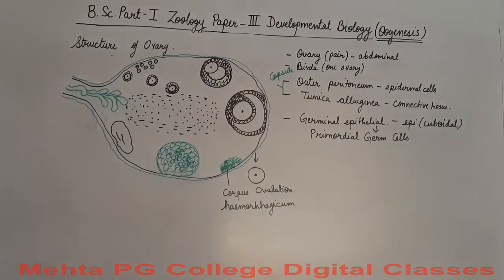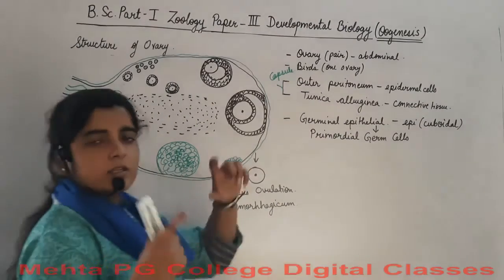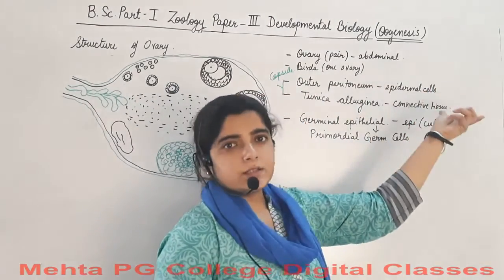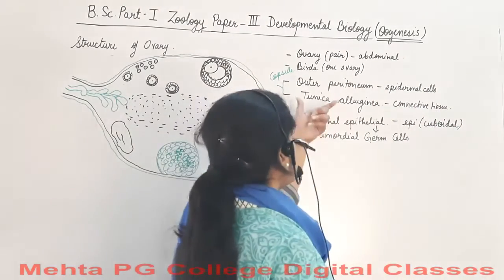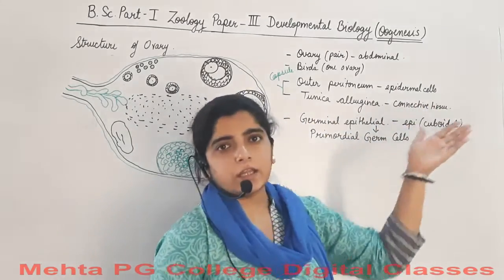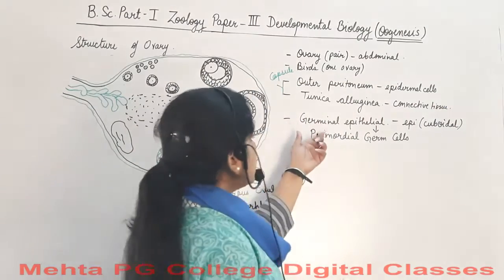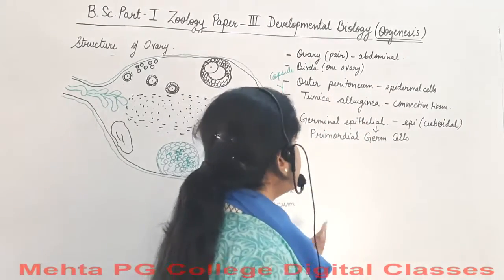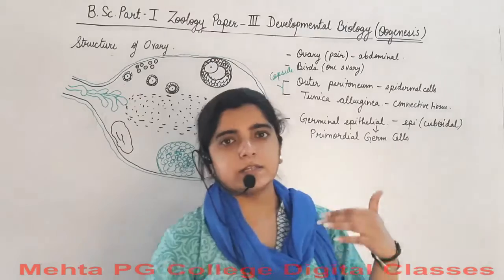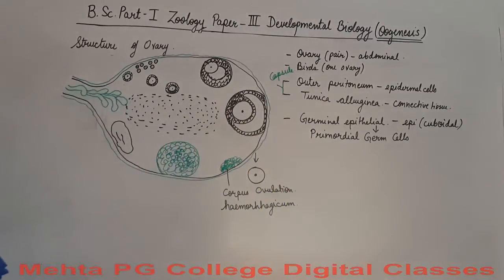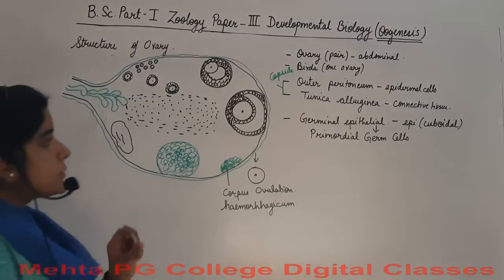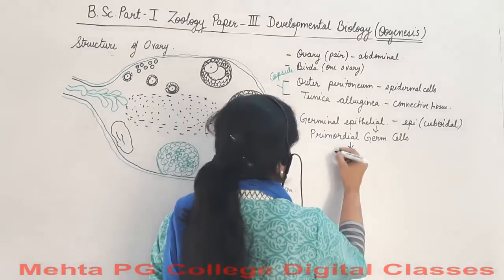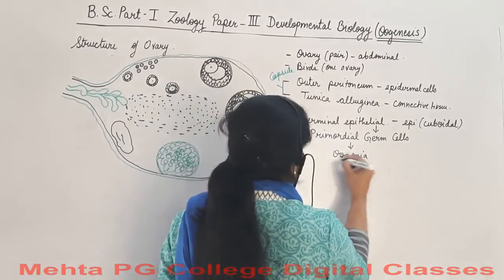So this is the layered structure of the ovary. The ovarian capsule is double layered: the outer layer is the outer peritoneum, consisting of epidermal cells, and the inner layer is the tunica albuginea, which contains connective tissue most of the time. Below the capsule lies the germinal epithelium, which contains cuboidal cells, and primordial germ cells are present in this. From these primordial germ cells, follicles are formed, or we can say oogonia are formed.